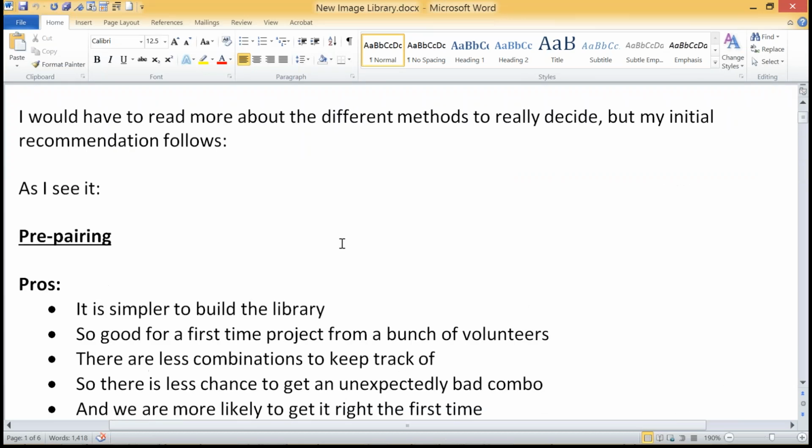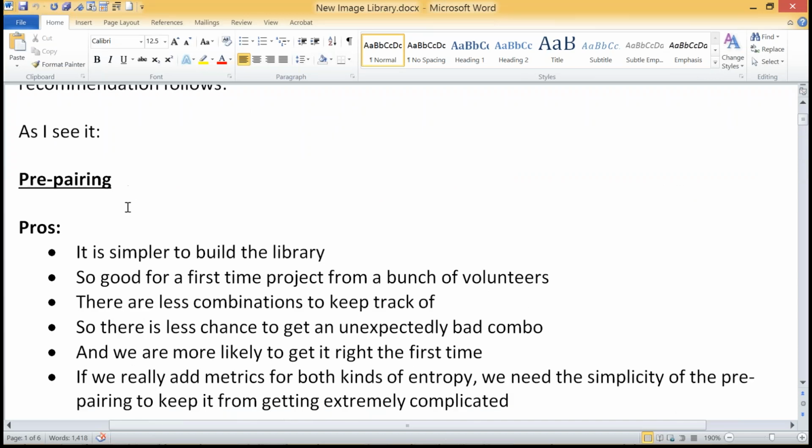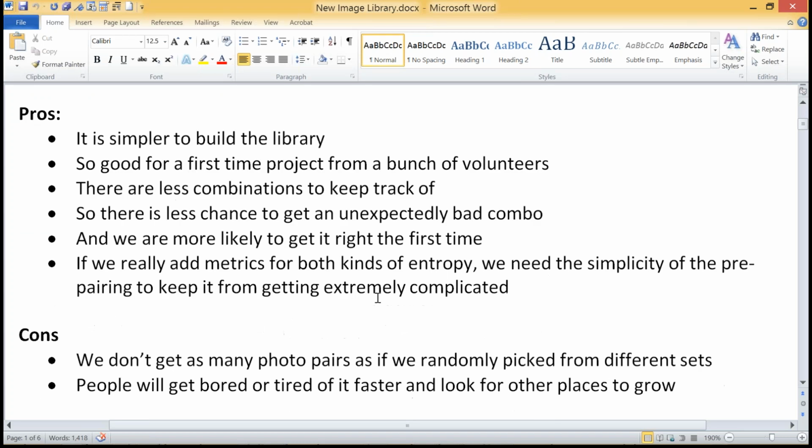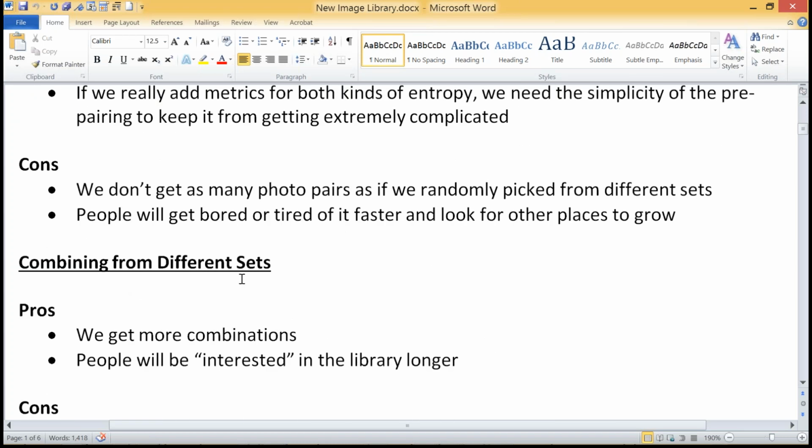So at one point when Marty and I were looking at how we wanted to improve the library, Marty sent me an email and he says, what do you think about pre-pairing the groups, having a fixed set of pairs versus dynamically mixing and matching, combining from different sets.